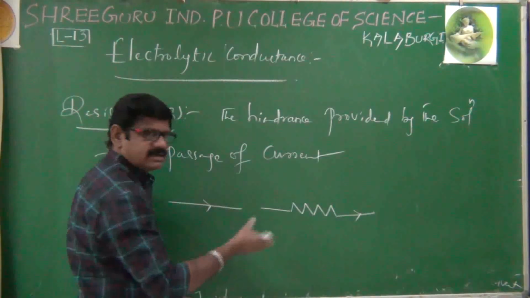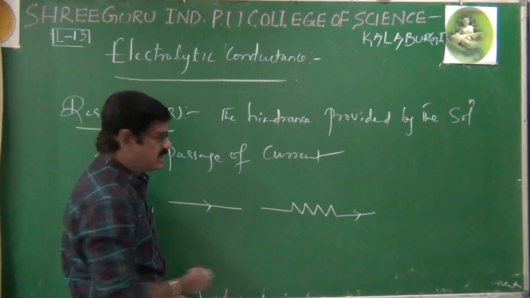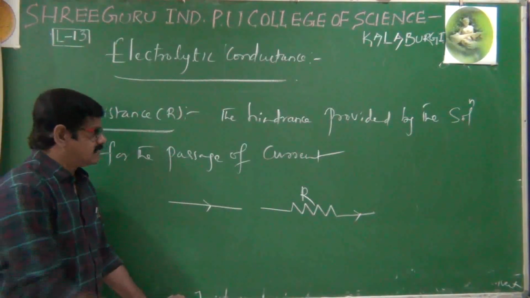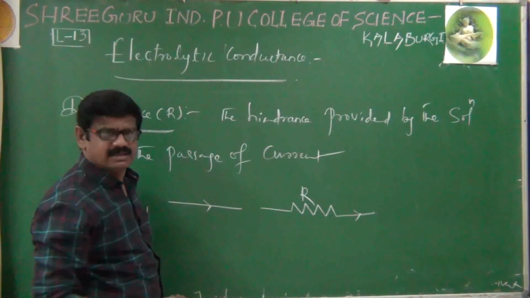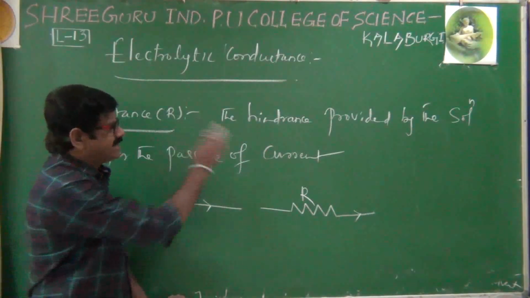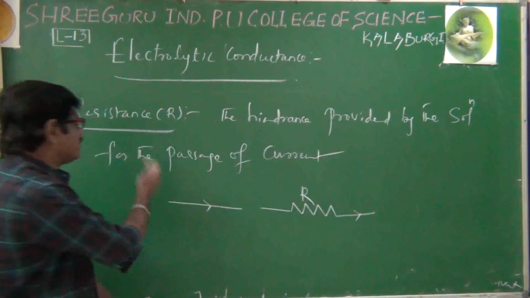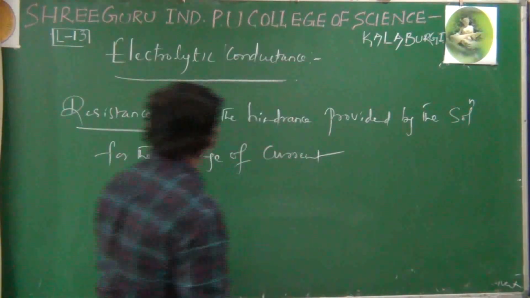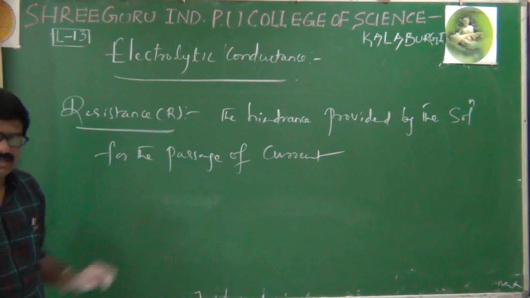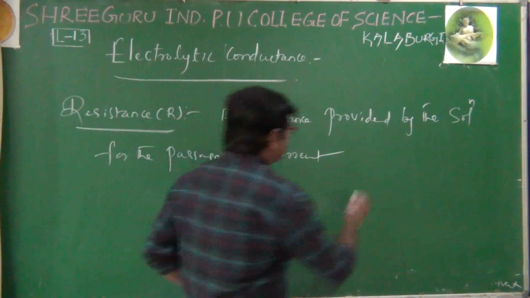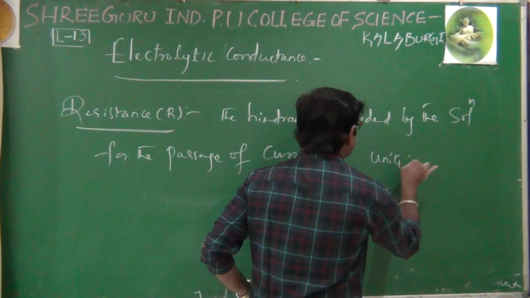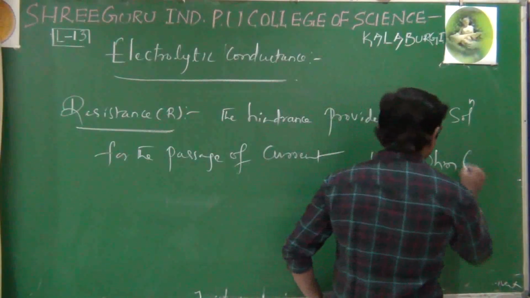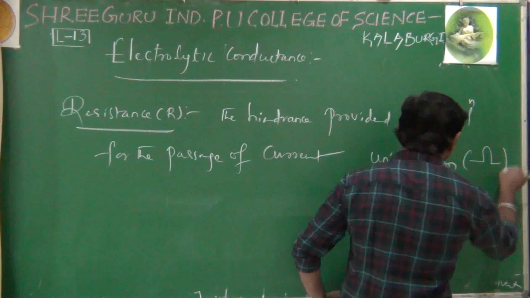Current movement will be somewhat fluctuated. This itself is called resistance. Resistance is nothing but the hindrance, a disturbance. The hindrance provided by the solution for the passage of current is called resistance. Resistance is designated with R, and its unit is ohm. This is the ohm symbol.